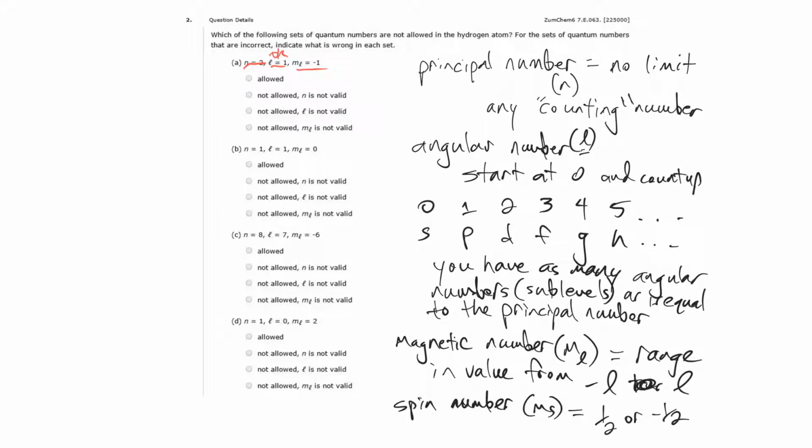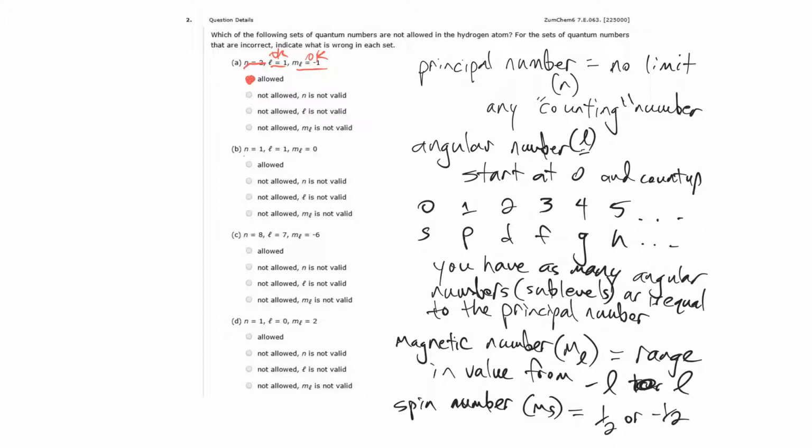Since the magnetic number can range in value from the negative angular number to positive angular number, and if your angular number in this case is a +1, that means your magnetic numbers could very well be a -1. So that's okay. This is an allowed set of quantum numbers. Totally fine, valid.